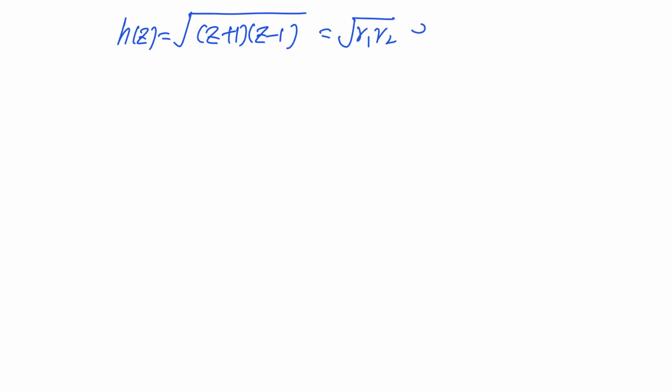So h(z), z plus 1, z minus 1, is the square root of r1 r2, exponential i (θ1 plus θ2) over 2. And we have this.